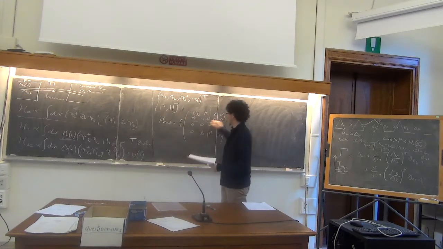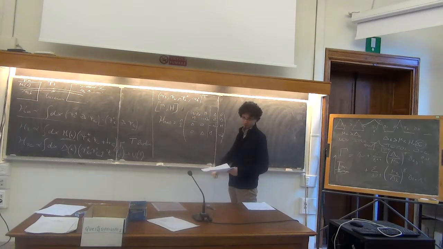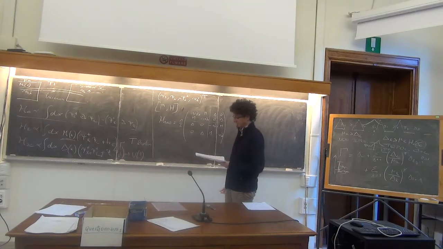You may see it as a block Hamiltonian, in which off-diagonal you have the pairing terms, the square pairing terms, and instead in the two diagonal blocks you have the single particle physics.